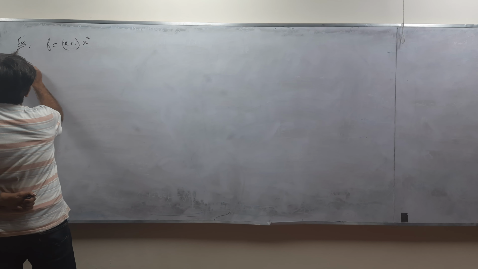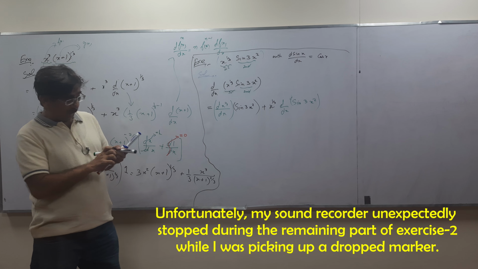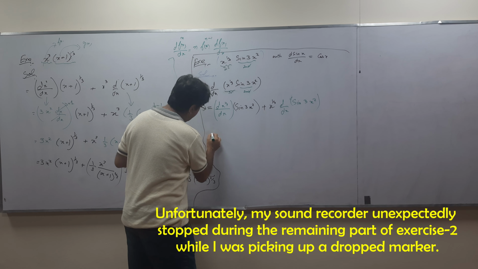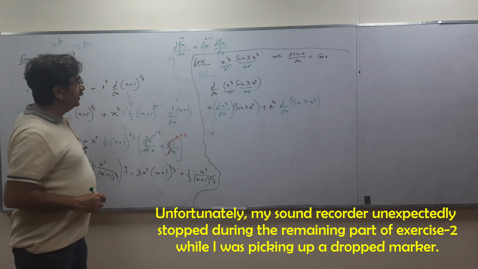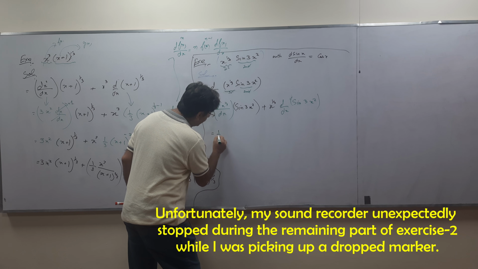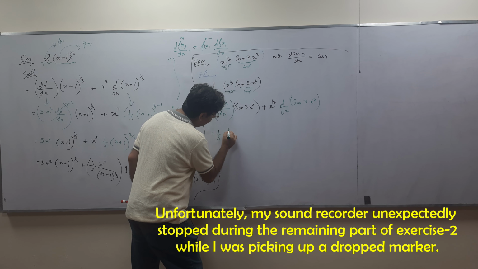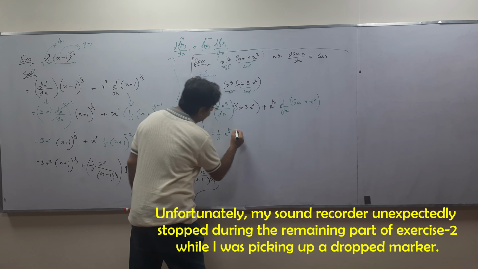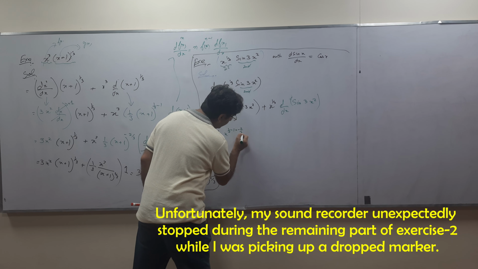Derivative of sine 3x square. Okay. Yes, the power will be shifted. As I have already explained, in this case firstly the power will be shifted. 1 over 3 x to the power 1 over 3 minus 1, the power will be reduced, that will be equal to minus 2 by 3. Okay.